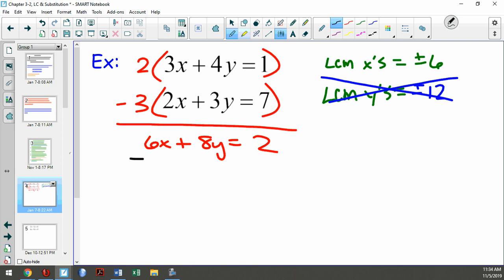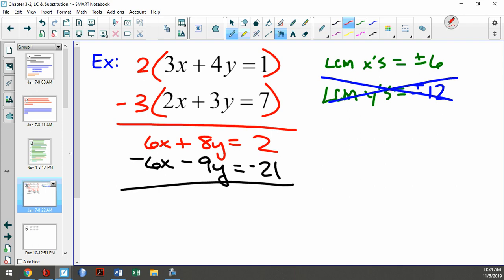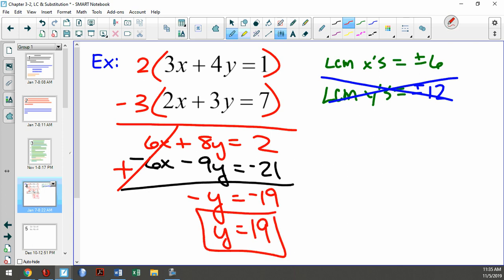That's going to make that a negative 6x minus 9y is equal to negative 21. And simply add straight down. The x's cancel out. I'm left with negative y is equal to 2 minus 21 gives you negative 19. So y is going to equal positive 19.